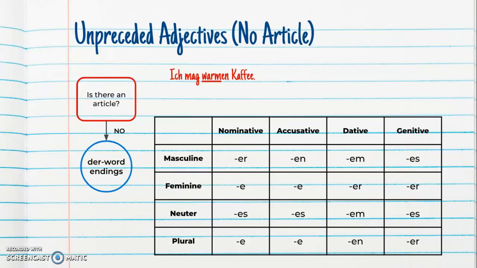So any time that an adjective is unpreceded, that's when we will be probably the most specific as to the gender and case. The nice thing is, because this is probably the most complicated one, that it is possibly the least common example of an adjective use. We typically have articles or some sort of modifier before the adjective.